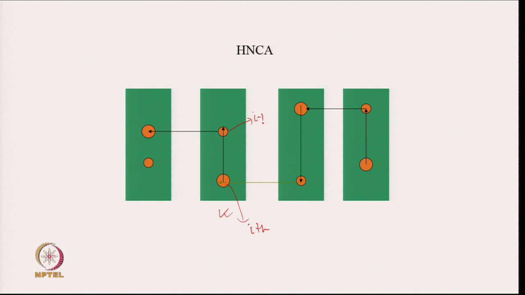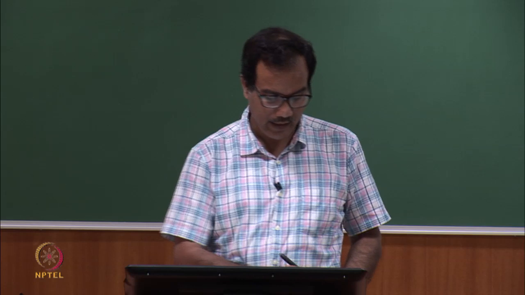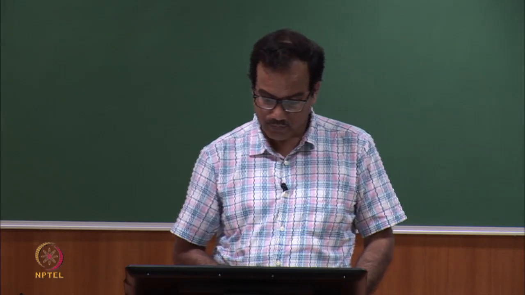The smaller circle of the ith residue is matched with the bigger circle of the I minus 1 residue, and that is how you see this one is matched, a smaller is matched to bigger, a smaller is matched to bigger, and this is the way you can assign the backbone.